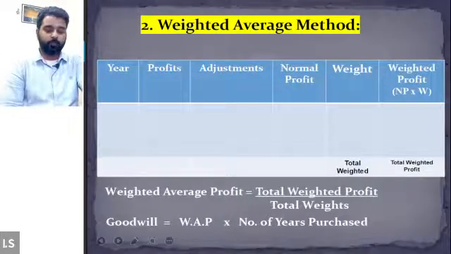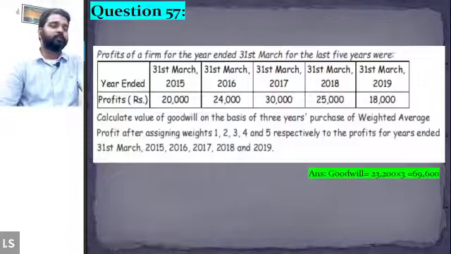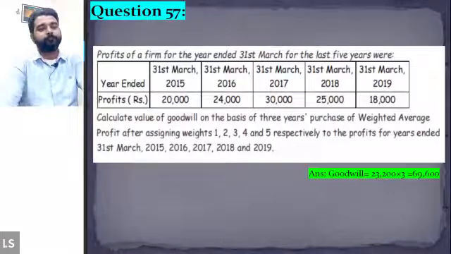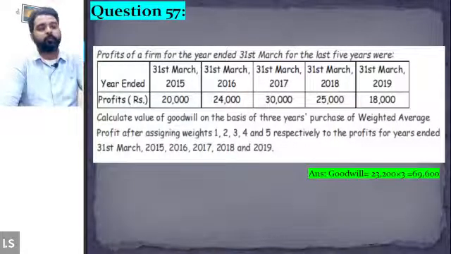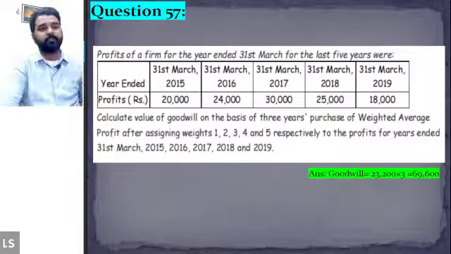So we will first of all discuss question number 57. In this question, profits of a firm for 5 years are given. Profit in the year 2015 was 20,000, in 2016 it was 24,000, in 2017 30,000, then 25,000, and then 18,000.